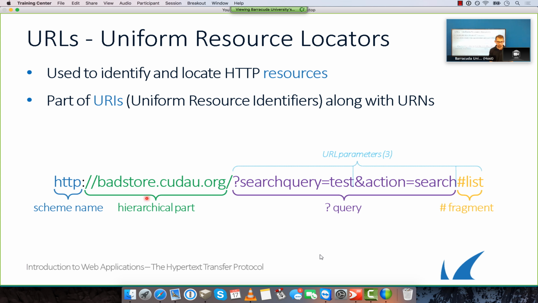Normally, URLs are included in a bigger group that is called URI. At the beginning, when HTTP was created, there were two identifiers: the uniform resource locators and the uniform resource names, URNs. So URLs plus URNs made the URIs, the uniform resource identifiers. Nowadays, URLs are the ones that are used most. We don't use URNs to access our resources on the internet.